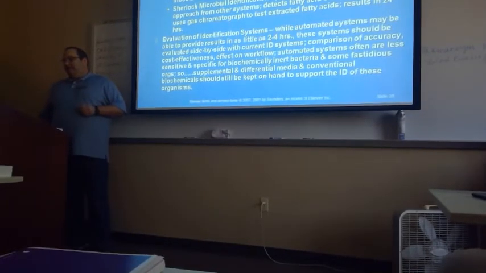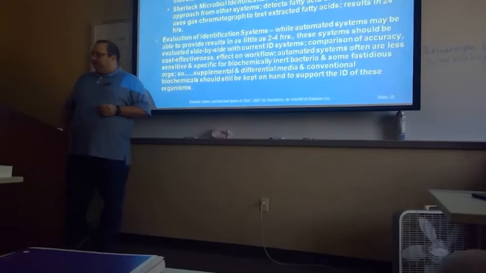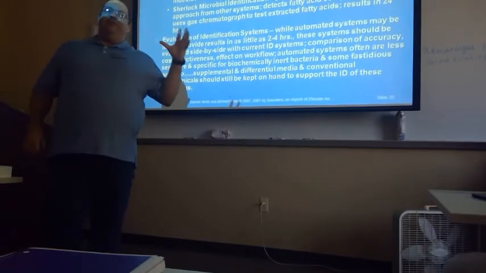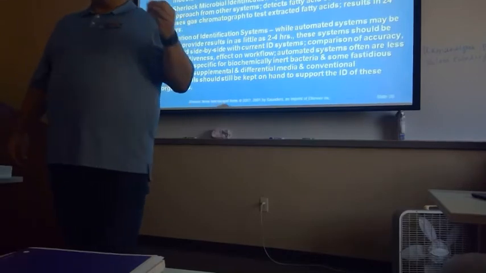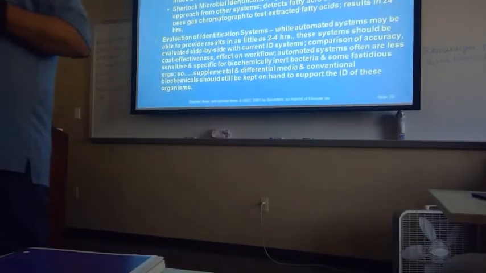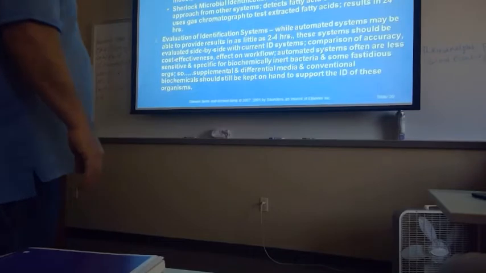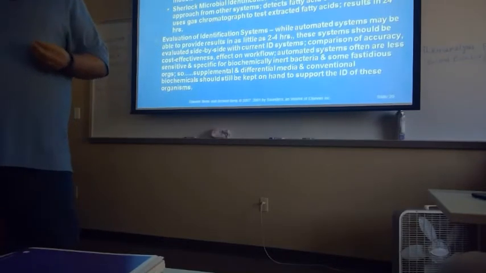Evaluation of identification systems. The problem with that is, let's say we're doing this old outdated methodology and I want to bring in a brand new machine. You can't just switch to that brand new machine. Even if they know it's better than what you're doing, you have to compare it to what you're doing.